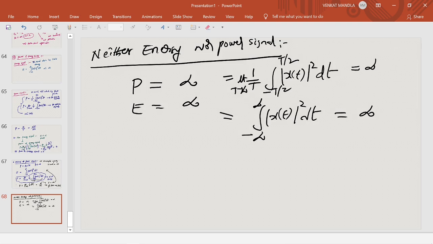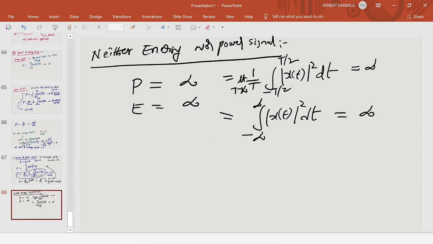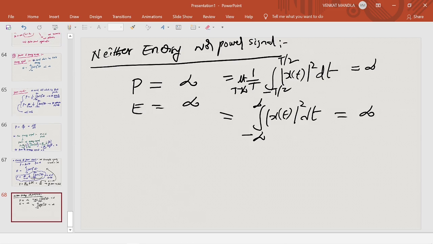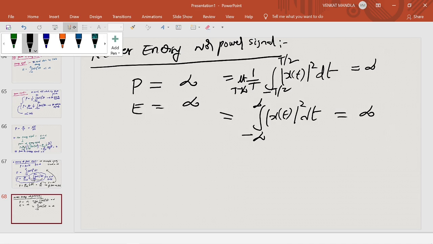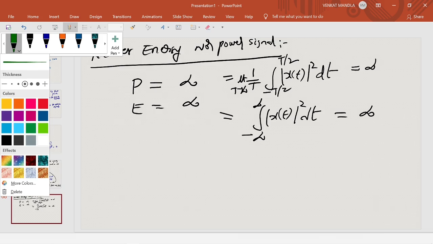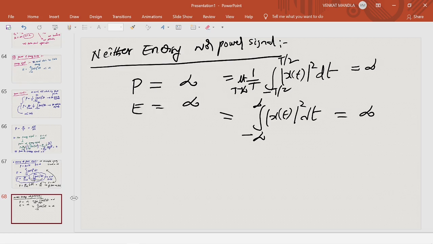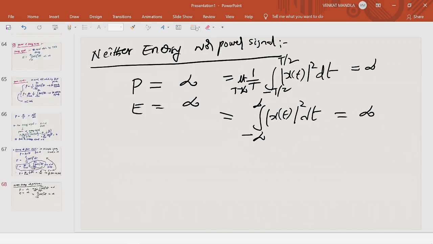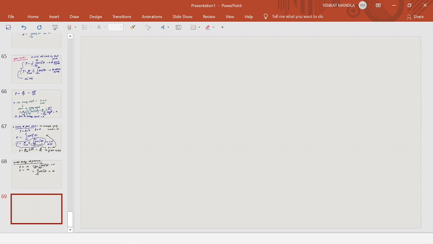I will give some examples for this kind of signals also. Some examples. First, a times u of t. Second one, constant a.